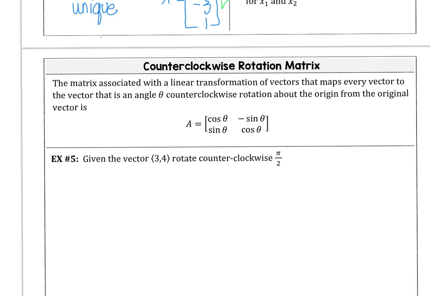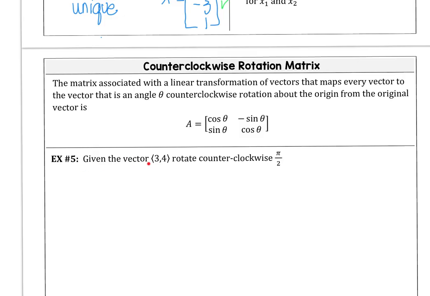The matrix that's associated with linear transformation of vectors that maps every vector to the vector that is an angle theta in a counterclockwise rotation about the origin from the original vector is this matrix A, where the elements are trig functions: cosine, the opposite of sine, sine, and cosine. Let's see how that works, because we'll explore this more in the other two lessons that remain.